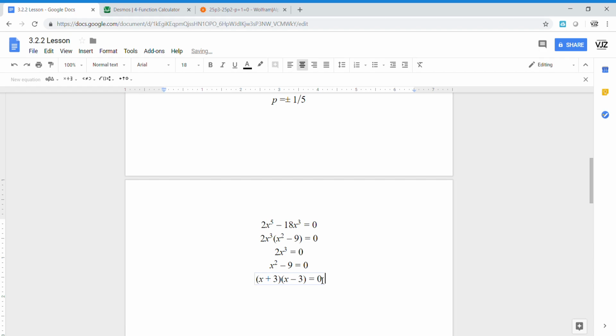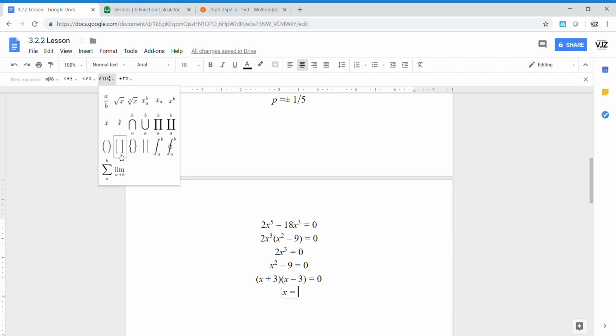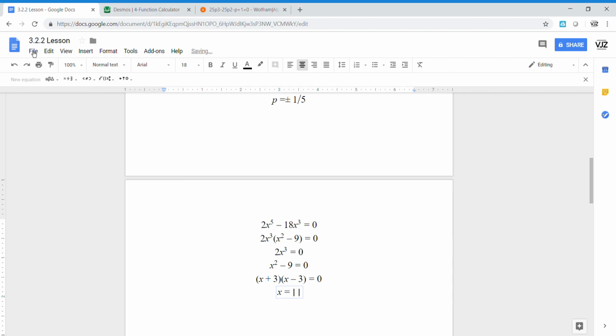Oh boy. Look what we have here. X equals, let me get my curly brackets here. That's the absolute value bar. No. Okay. So we have 3, minus 3, 0, 0, 0.